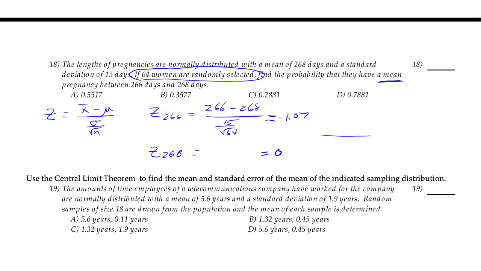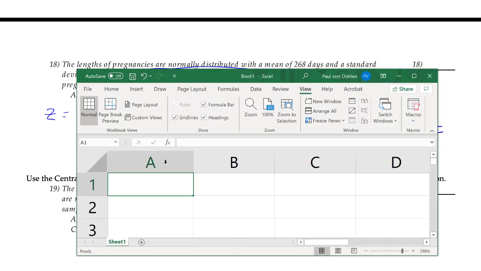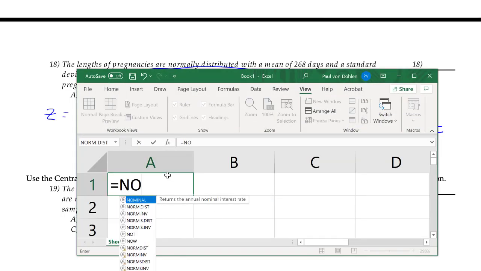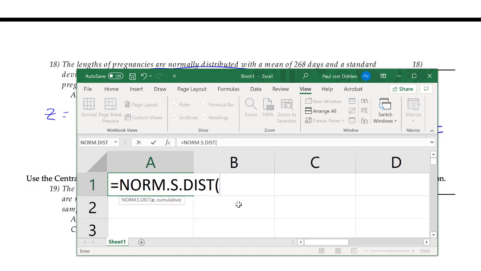So now that I have my z-values, I can do my standard approach. There's 0 and there's negative 1.07. I'm trying to find the area in here. I already know the area below 0 was 0.5, and then I have to subtract what's below negative 1.07 to get that middle part. So let's do norm dist negative 1.07 true.